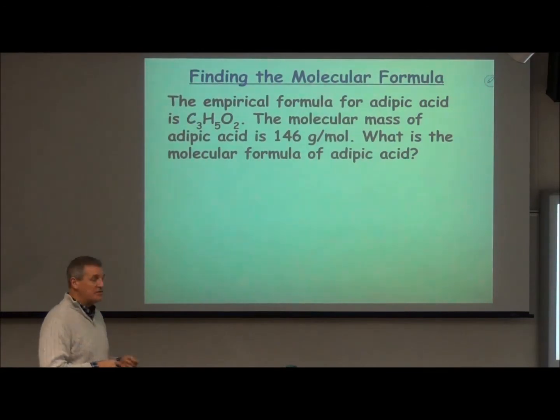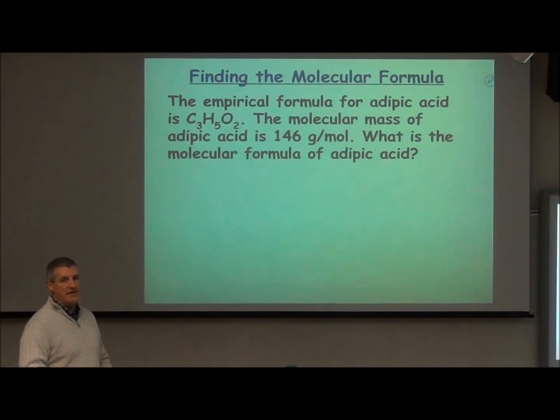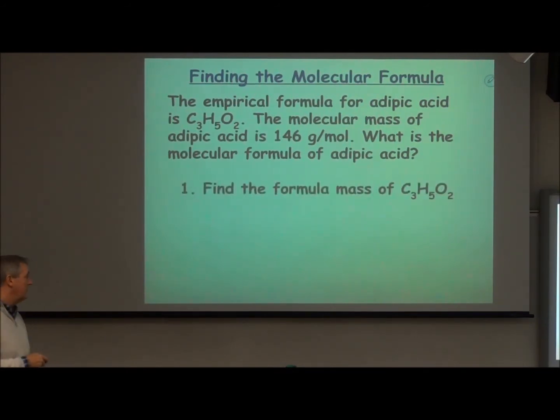If the mass of the compound that we just came up with a formula for, our empirical formula, is 146 grams per mole also, then they're the same. If our empirical formula is smaller than our molecular mass, then we've got to figure out how much smaller so that we can figure out how much we need to increase the subscripts of our empirical formula.